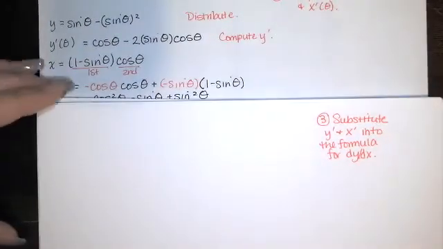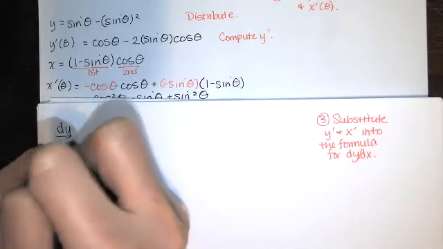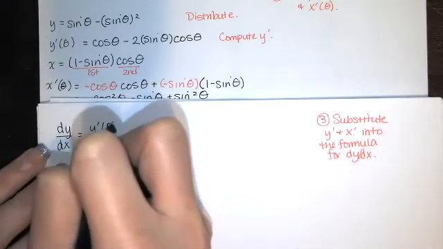Okay. So dy dx is y prime of theta over x prime of theta.